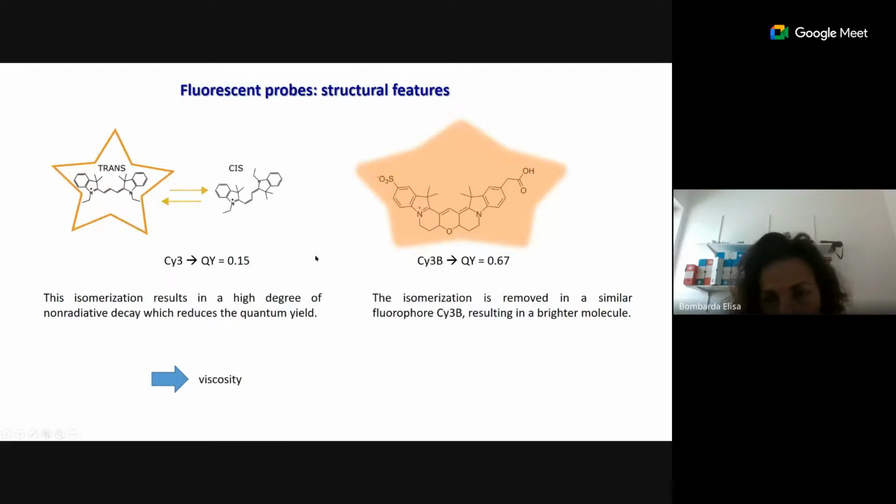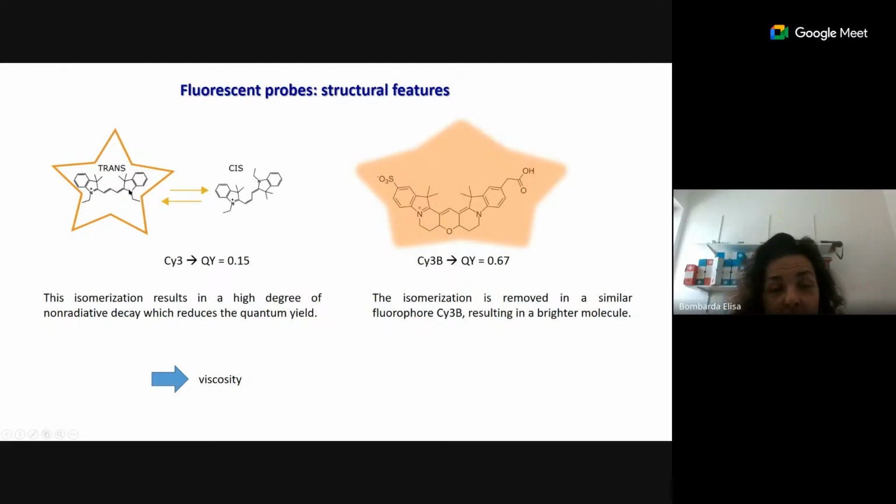So just as proof, there is an analog, a very similar fluorophore, where the possibility of isomerization is blocked, and this is quite brighter than this molecule.